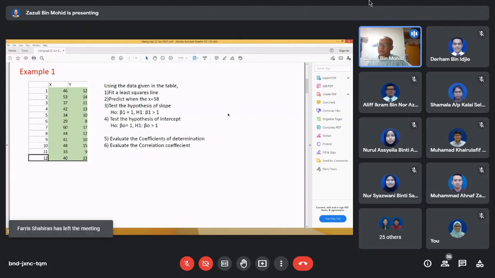You can have a linear regression, and then you might also be asked to do some hypothesis testing. So this is an example.